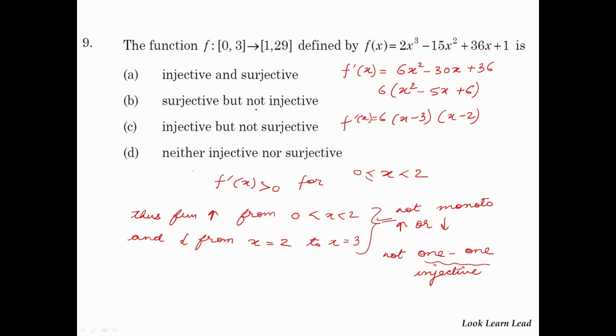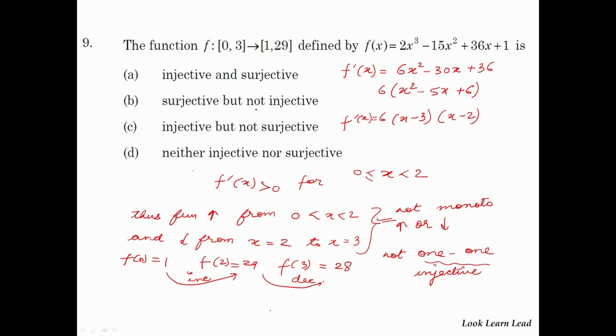Now let's check. I put f of 0. After putting 0 over here, we will have answer 1. F of 0 is 1. And f of 2 would be 29. See, it is increasing. And f of 3 would be 28, and it is decreasing.